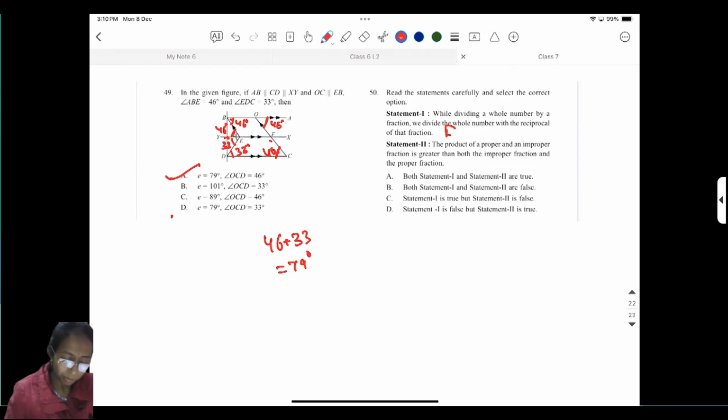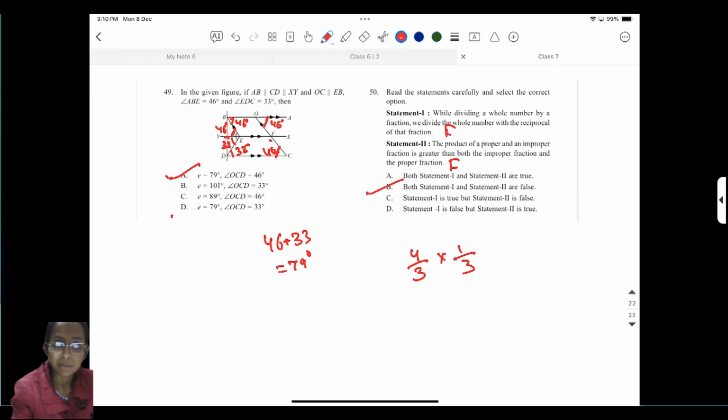When a fraction like 4 by 3 is multiplied by 1 by 3, is it greater than both? No. So this is again false. So statement 1 and statement 2 both are false. So this was a paper for stage 2.